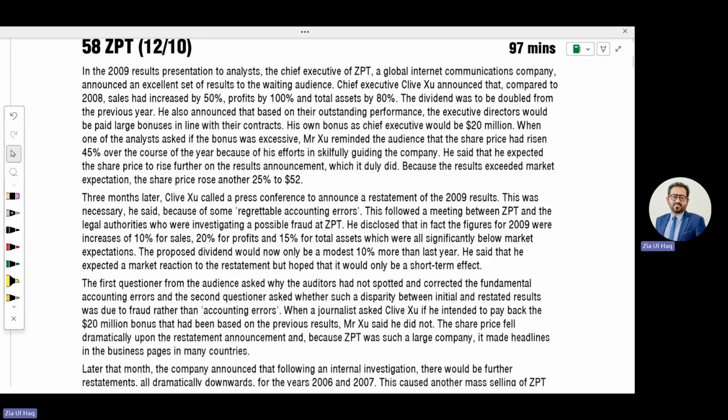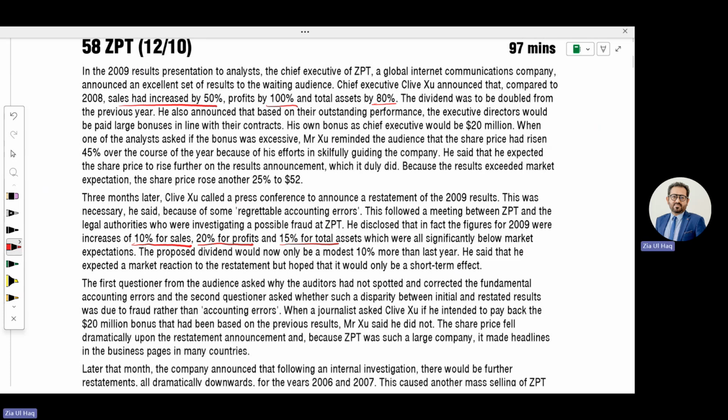He disclosed that, in fact, the figures for 2009 were an increase of 10% for sales instead of 50%, 20% for profit instead of 100%, 15% for total assets instead of 80%.